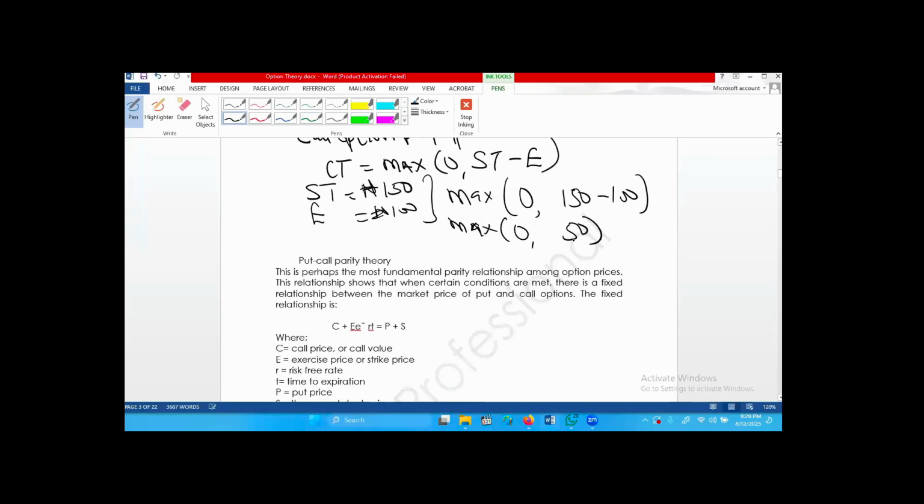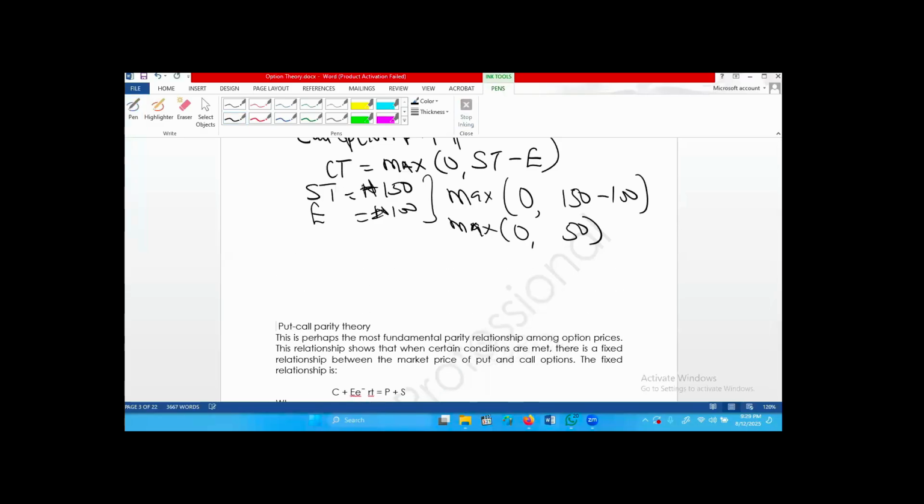You have a choice either to accept 0 or to accept 50 naira per share. As a rational investor, you are going to accept 50 naira. That means this option contract is in the money.